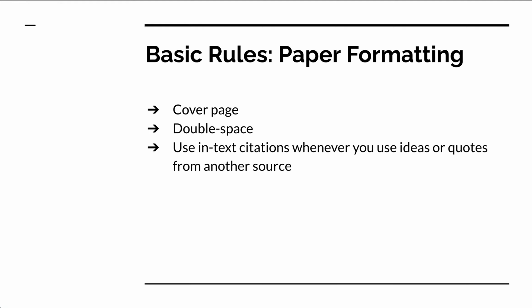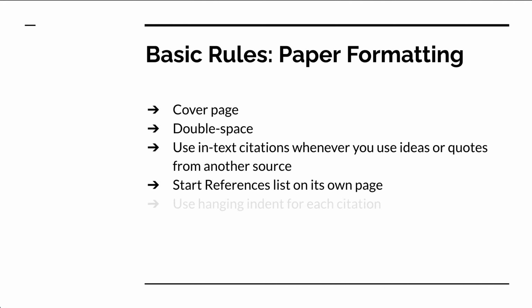This will be your shortened full citation in parentheses. And for each in-text citation, you should have a corresponding full citation at the end of the paper in a references list. In that references list, you'll use a hanging indent for each citation, and you'll use the same double spacing throughout.